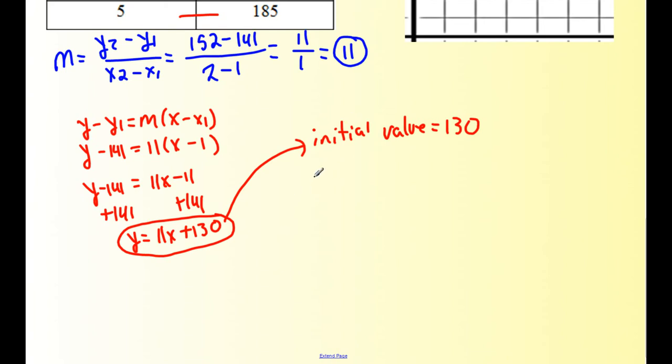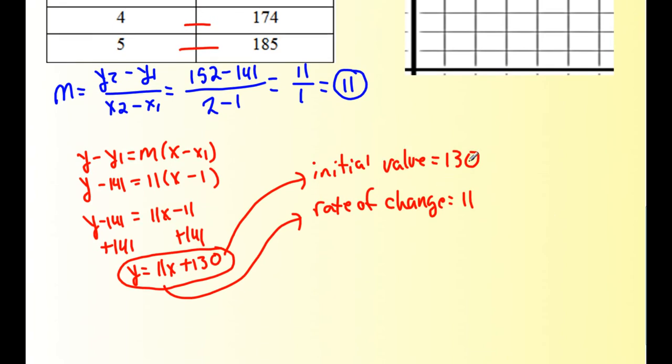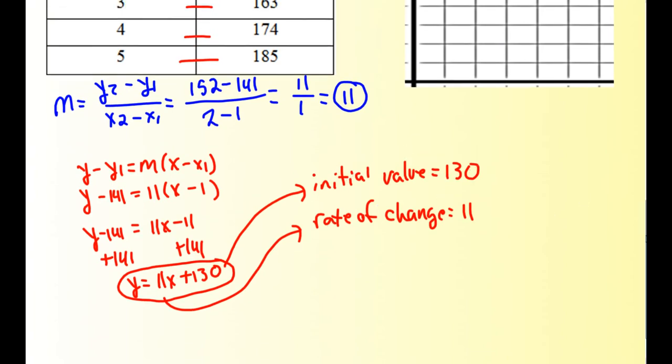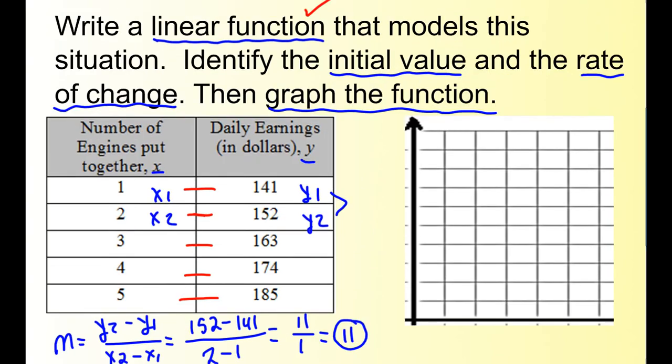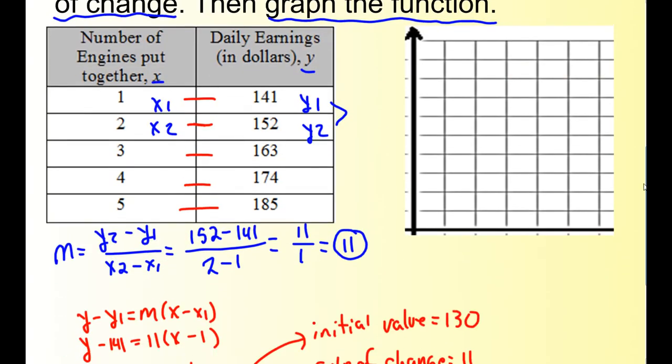My rate of change is 11. We saw that up here. And when we plug that same slope in, it stays the same even down here. That slope, that rate of change, is there. Sure, I'll draw the arrow. Feels good. All right, so we've got the initial value of 130. We've got a rate of change of 11. And then we want to graph the function.